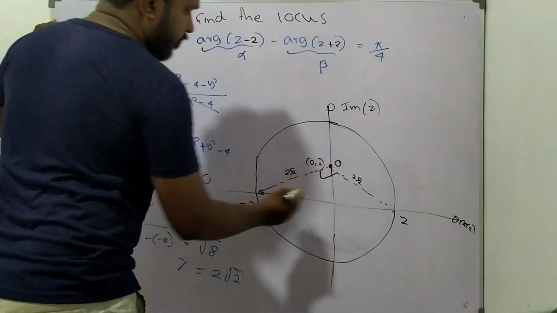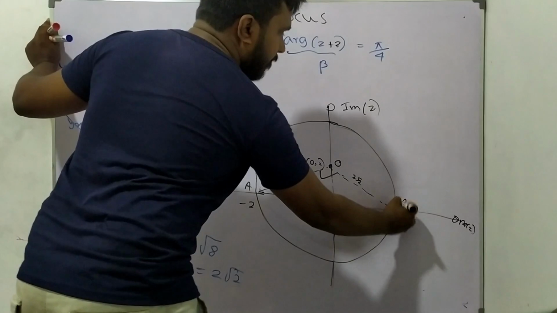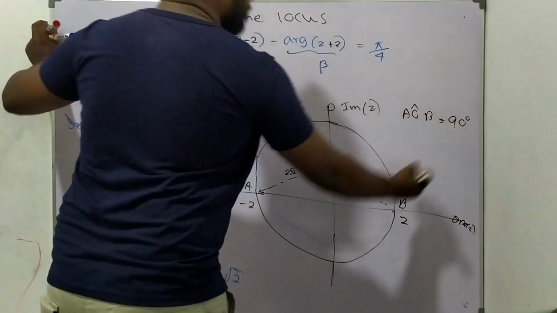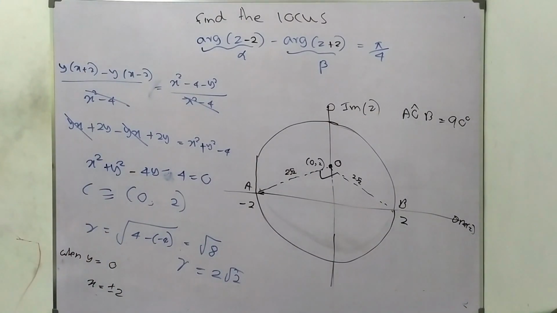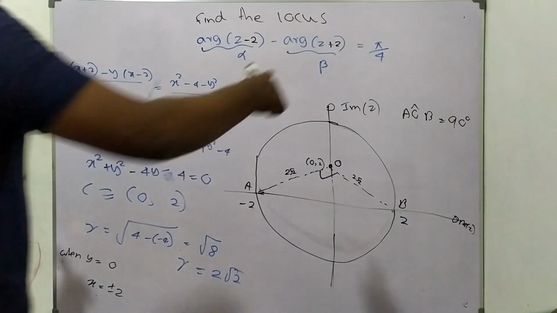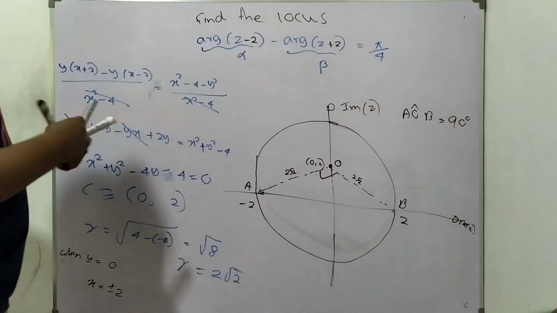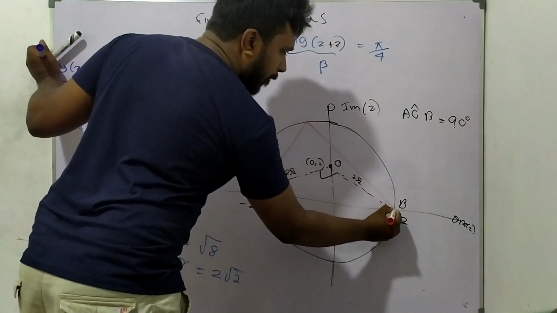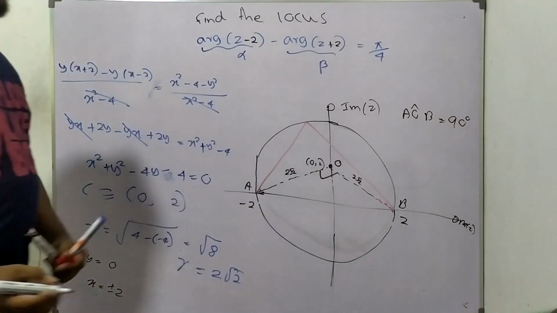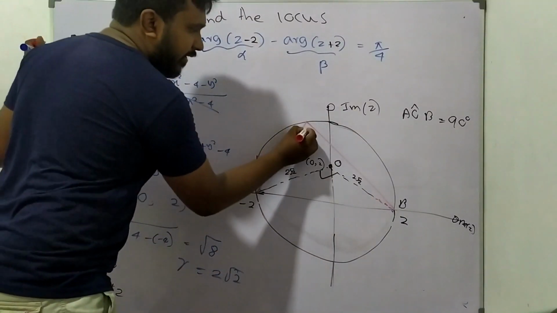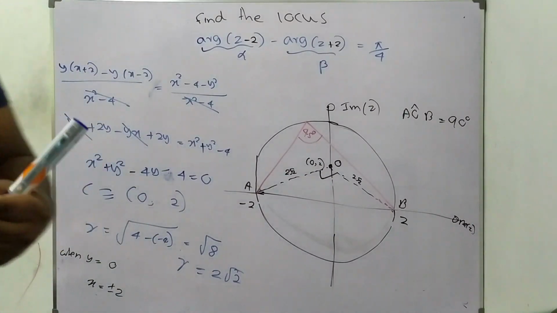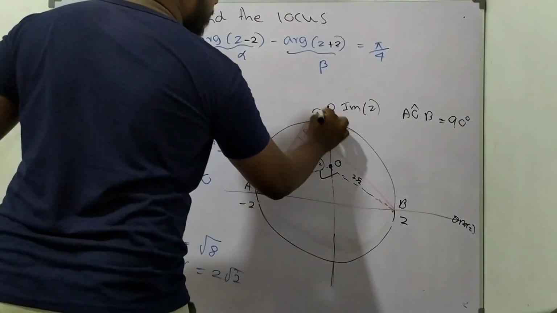So angle AOB becomes 90 degrees. So we need pi by 4. So then we just need to construct it, because right here it's 90, which means this is 45 degrees. Then what will be the locus of this?